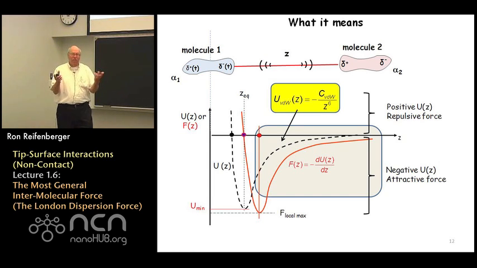What all this means is that we're basically trying to calculate how two objects interact with one another, and in particular, we're interested in the z dependence of that interaction potential energy.